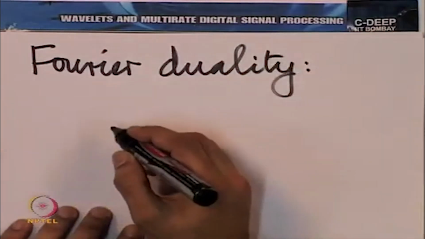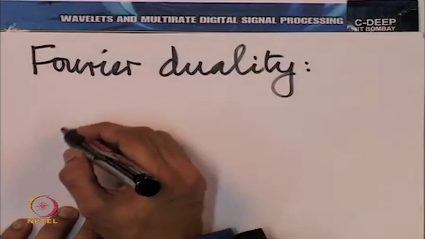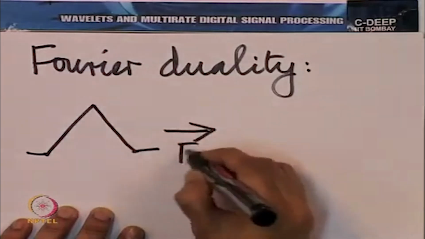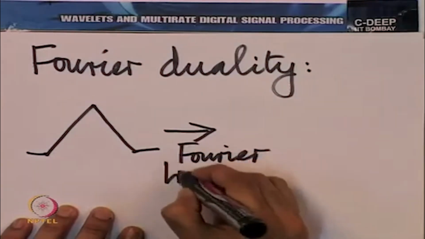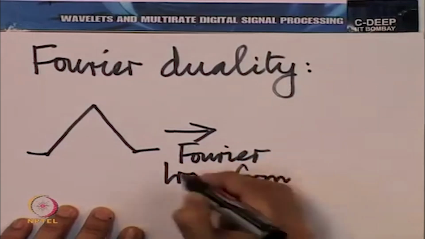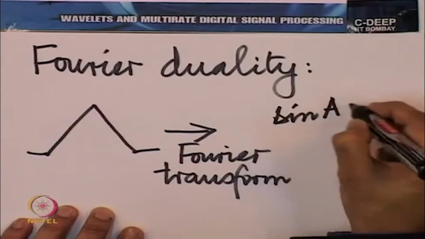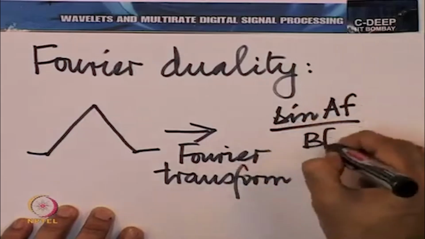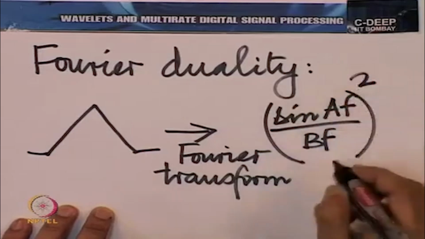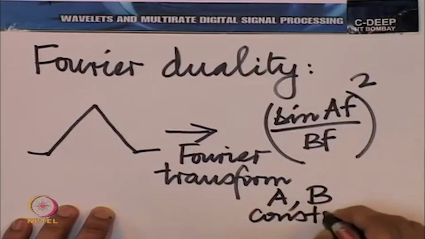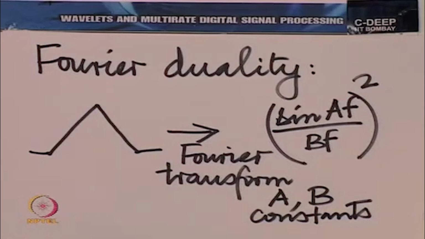And we know that the Fourier transform of this triangular pulse in time is of the form (sin AF by BF) the whole squared. A and B are constants. We can suitably evaluate the A and B, that is not important. What is important is the form.